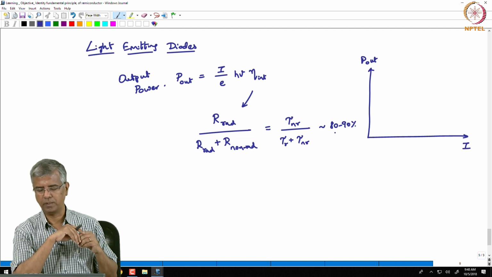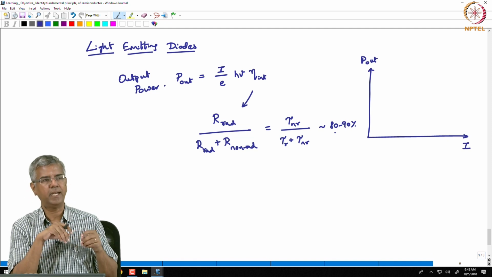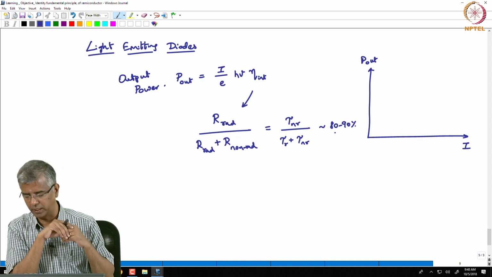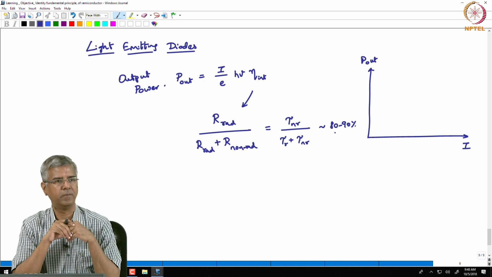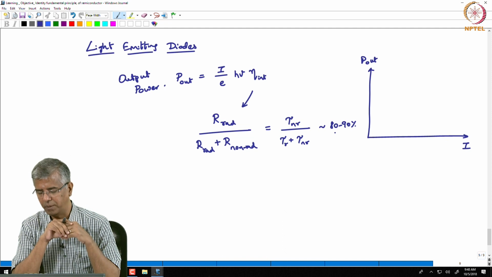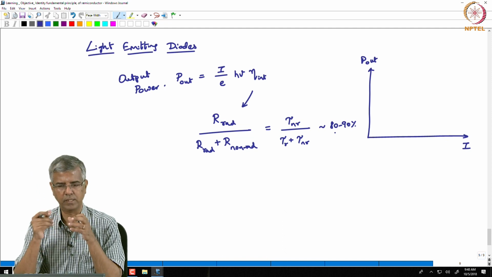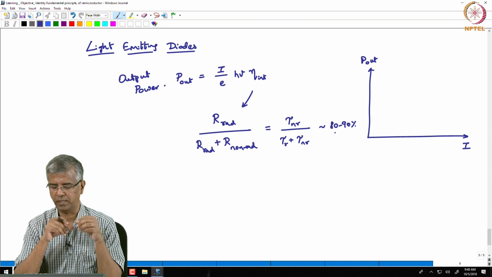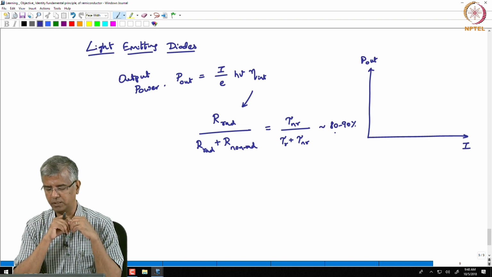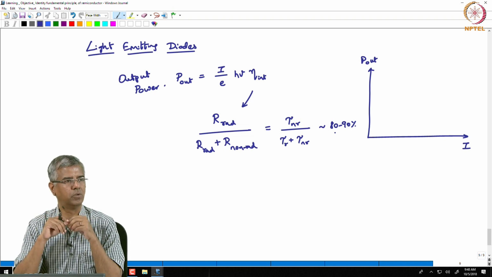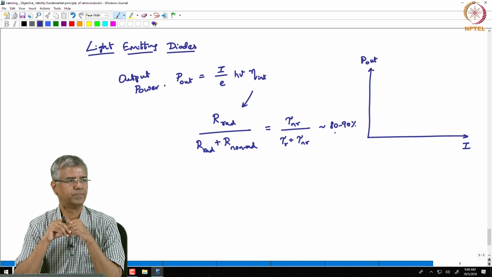The probability of radiative emission is much lower compared to the non-radiative emission in that case, and because of that, silicon PN junction diodes do not give you very good light emission.